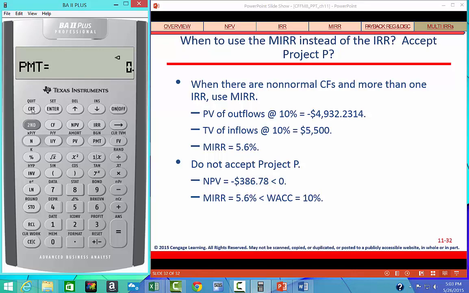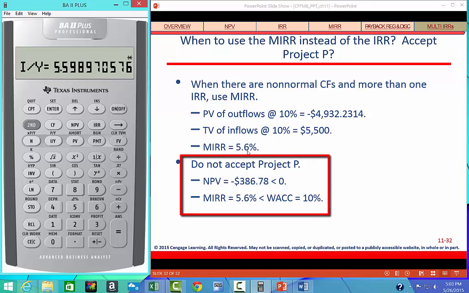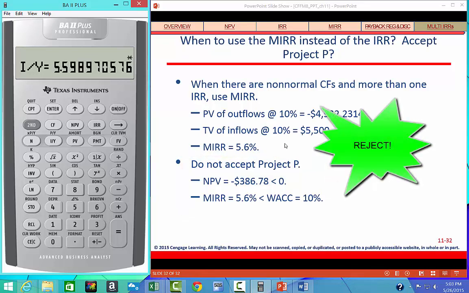We have no payment, and I hit compute I, and I get 5.6%. So we can compare 5.6% to 10%, and we can say, yeah, that's a bad project. We should reject it because 5.6% is less than 10.